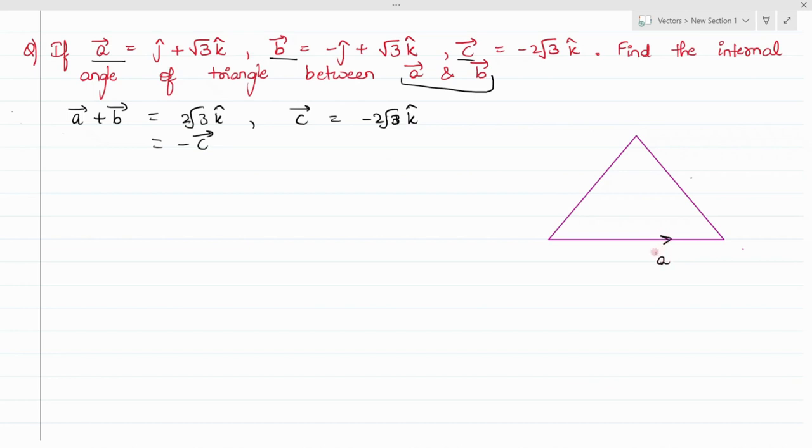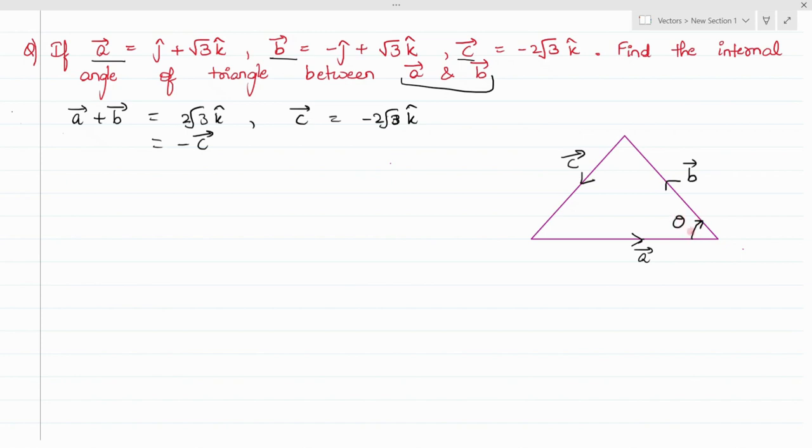So if this is A vector, this is B vector, according to the triangle law of addition, it should be in this way. But now here it is minus C. So obviously it will be in the same order of A and B. Now we need to find the internal angle of the triangle between A and B, that is theta.